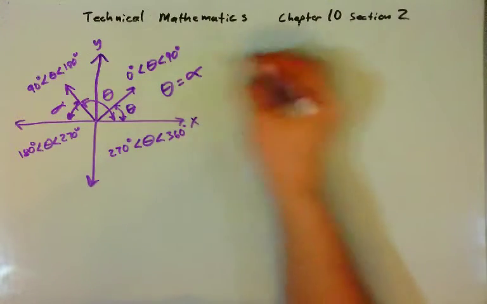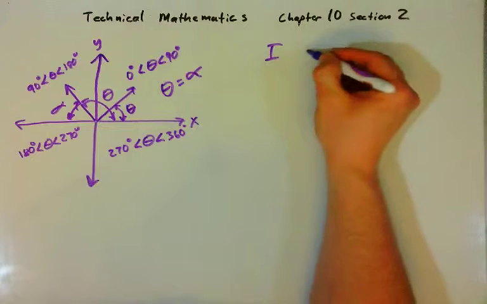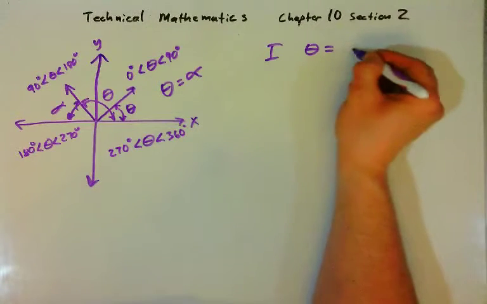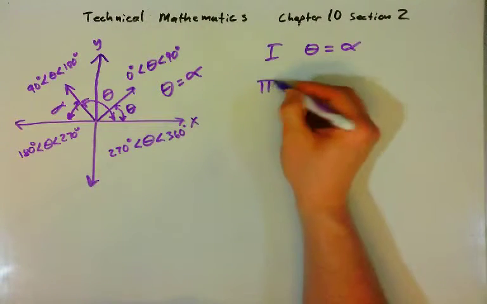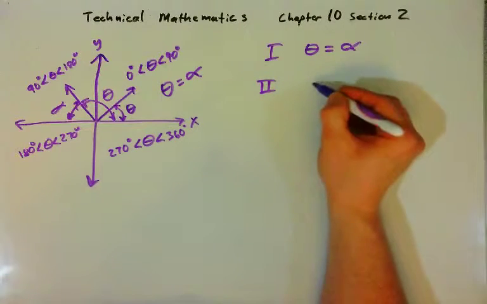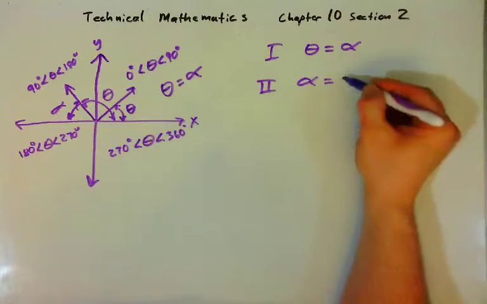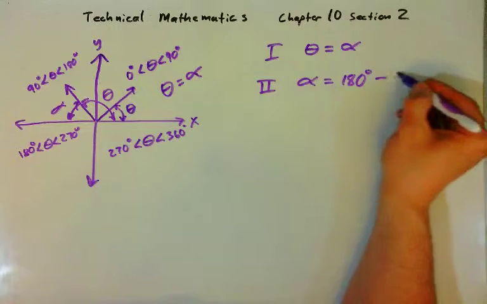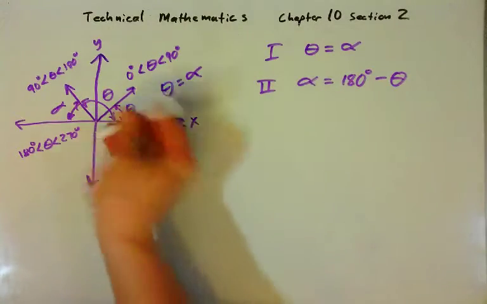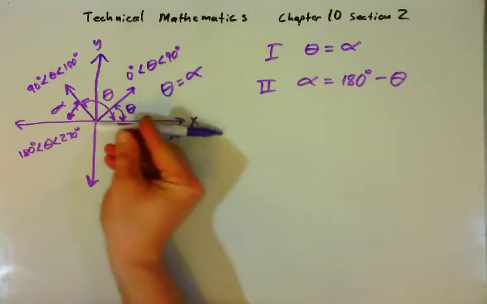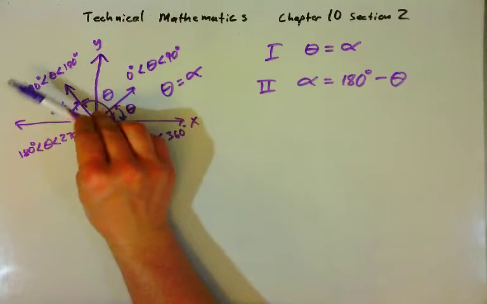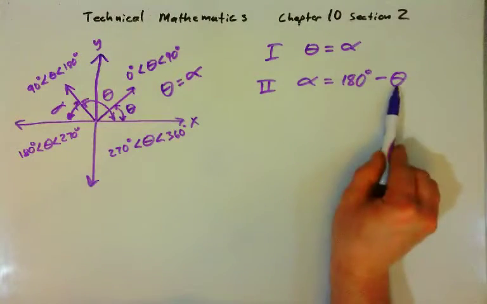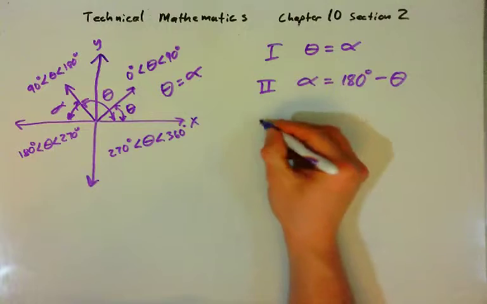So in the first quadrant, theta is equal to alpha. But in the second quadrant, alpha will be equal to 180 degrees minus theta. Again, if you have 180 degrees and you take away theta, what is left is alpha.